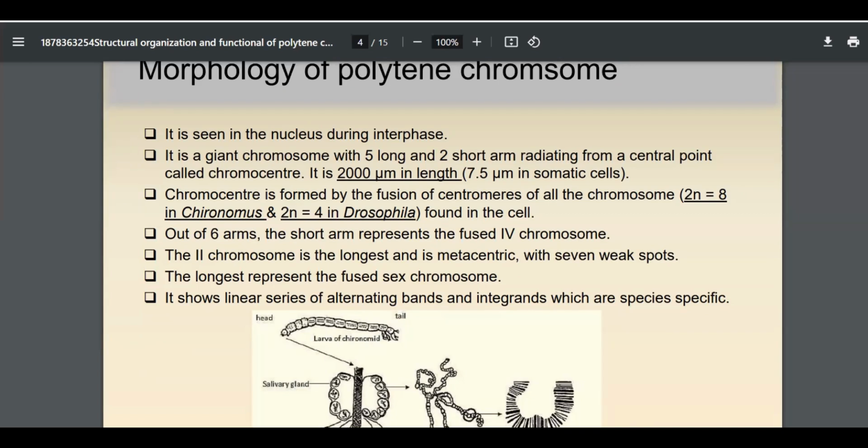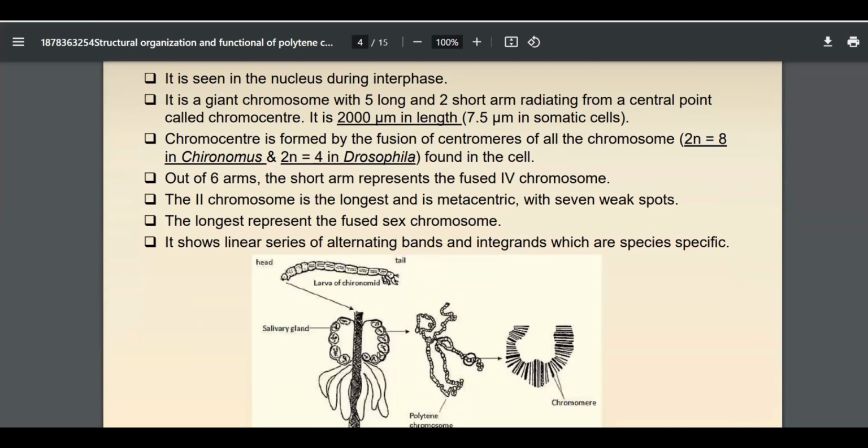If you remember the diagram that we had seen yesterday from the book, here I'm sharing it again. So this is the larva. These are the salivary glands. From that, these polytene chromosomes are observed. And this is the arrangement of interband, gray band, and dark band.